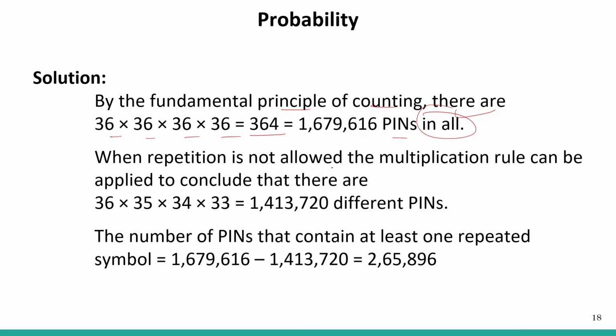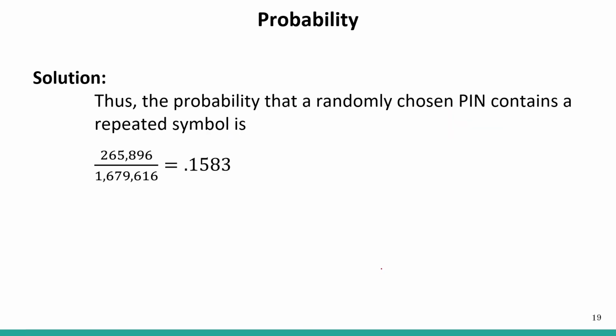These are all the PINs that are possible. When repetition is not allowed, the multiplication rule gives 36 into 35 into 34 into 33, because repetition isn't allowed. Since we have chosen one, we have to exclude it from the number we multiply with next. Doing so, we are left with 1413720 different PINs. So the number of PINs that contain at least one repeated symbol is 1679616 minus 1413720, which is equal to 265896.